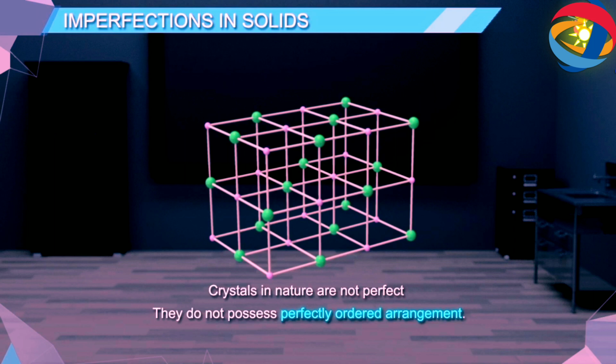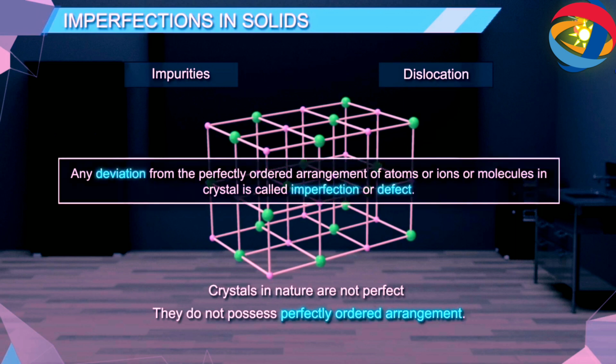This is due to the presence of few impurities or due to dislocation of few of constituent particles from their normal positions. Any deviation from the perfectly ordered arrangement of atoms or ions or molecules in crystal is called imperfection or defect.